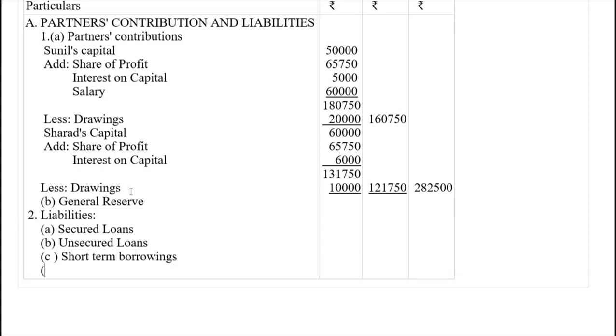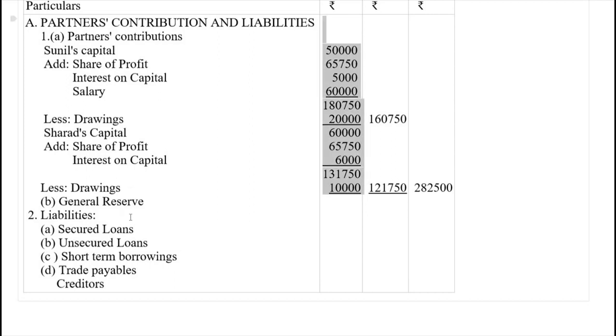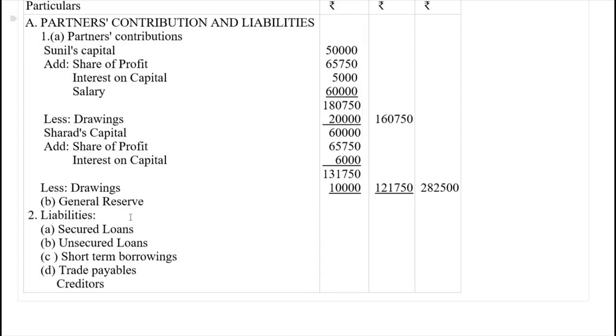There are no short-term borrowings. Then D, trade payables. Here we have got creditors. Trade creditors is given. So now let us go for putting the values here.